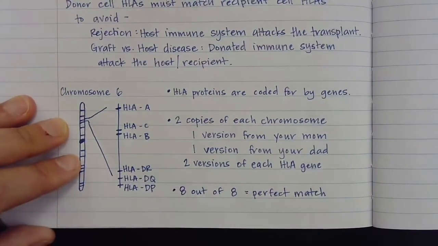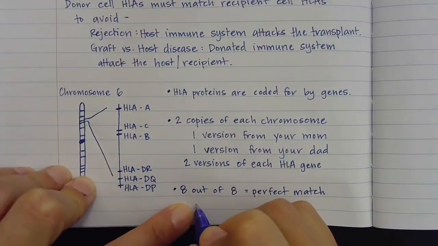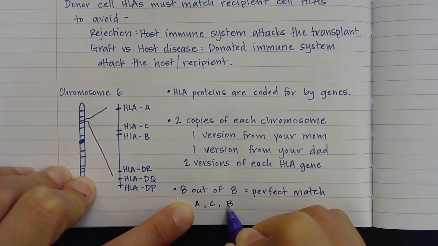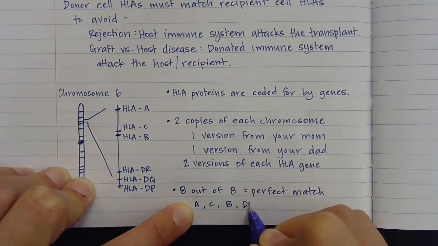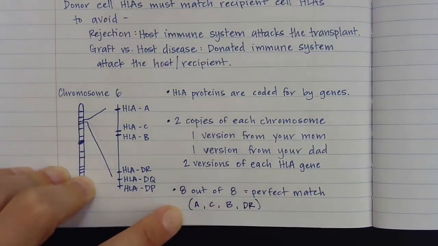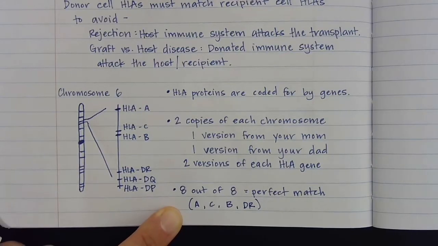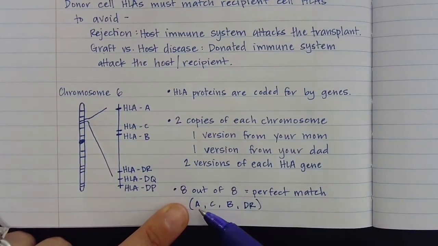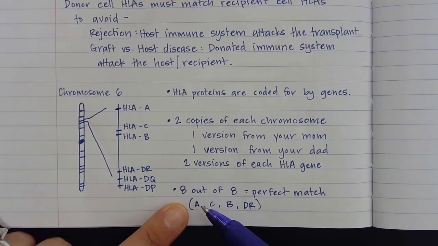What that means is for HLA-A, C, B, and DR, both genes, so both proteins for each HLA, are a match between the donor and the recipient. So you might have HLA-A 26 and HLA-A 112, and if both of those match, then you would have a 2 out of 2 match.